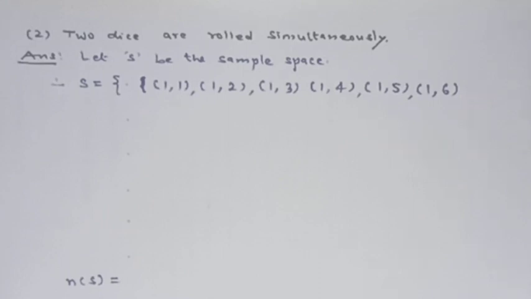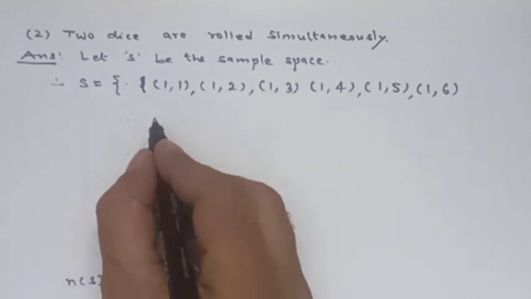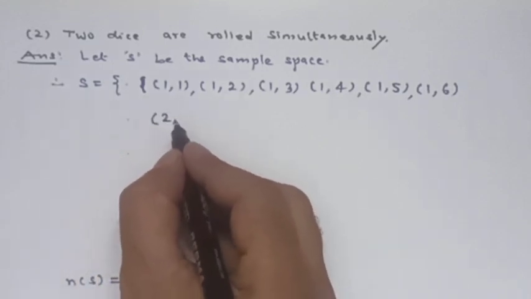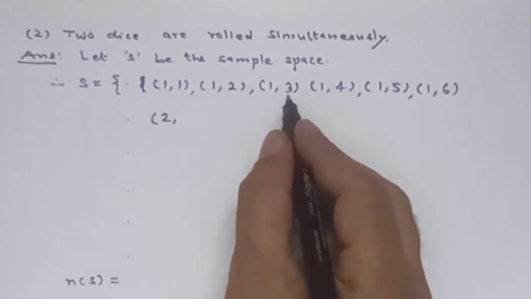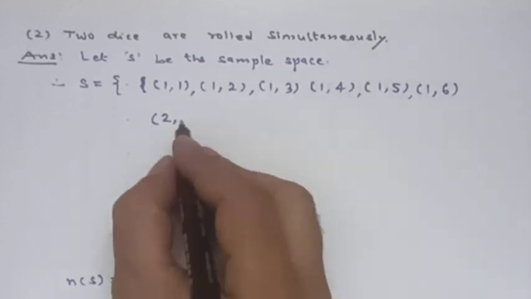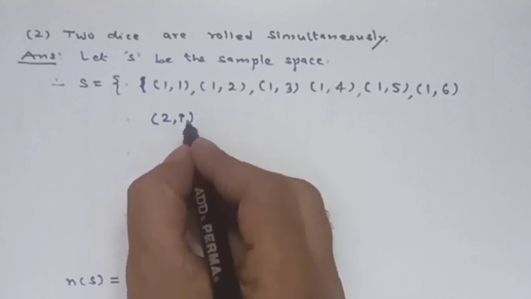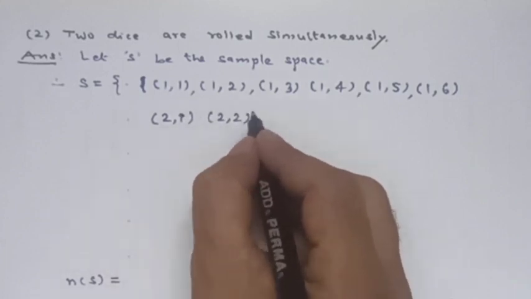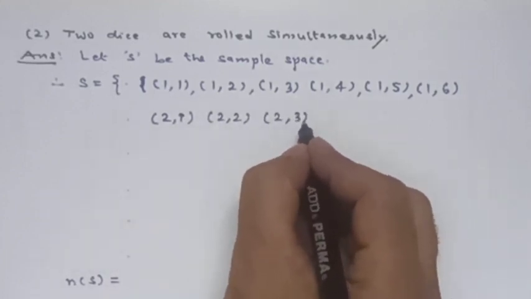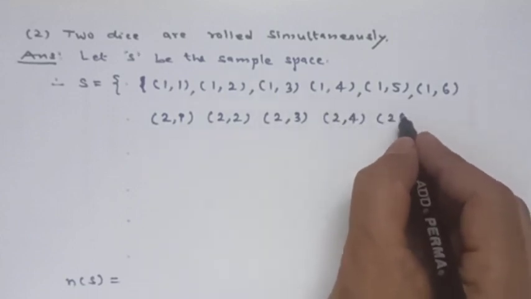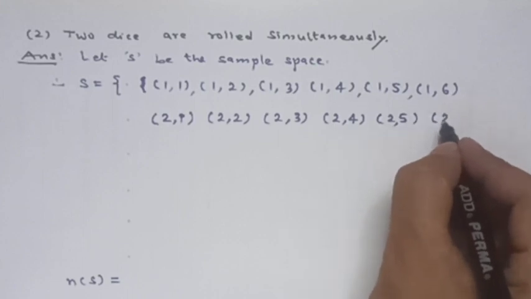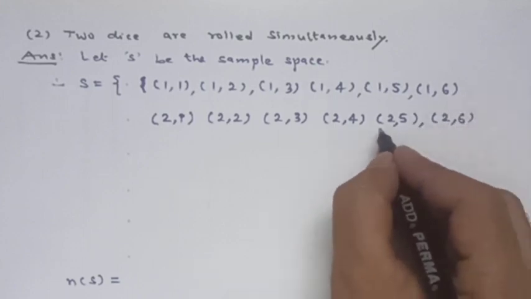Same way when it has 2, everywhere the first number will be 2: (2,1), (2,2), (2,3), (2,4), (2,5) and (2,6).